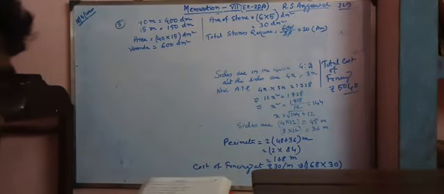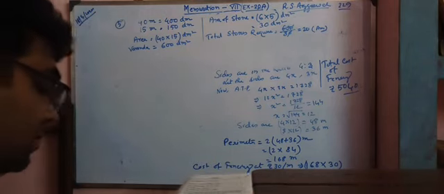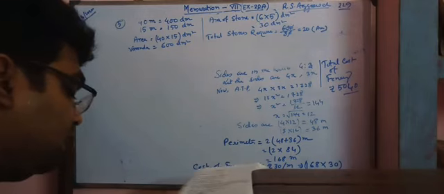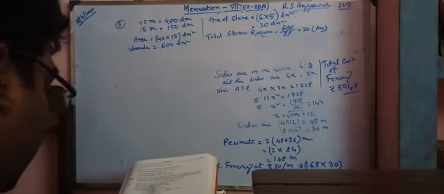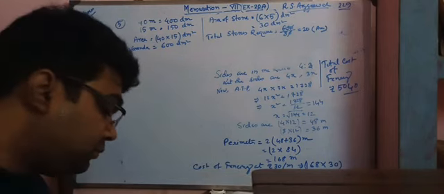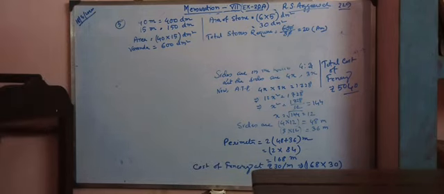Next, find the cost of carpeting a room 13 meter by 9 meter with a carpet of width 75 centimeter at a rate of 105 per meter. We have to carpet the room. For that, what we have to do?